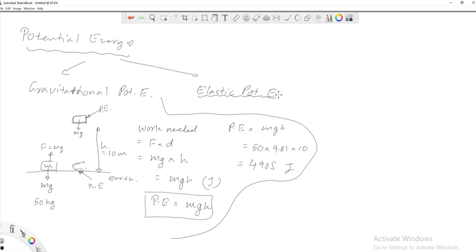Think about the lab ruler, those wooden rulers. If you bend it a little bit, it wants to come back to its original shape, right? If you take a spring and stretch it, it wants to go back. If you compress a spring, it wants to expand again to its original shape. Up to a certain limit: if you bend a ruler too much, it's going to break. That is, you are going beyond its elastic limits.